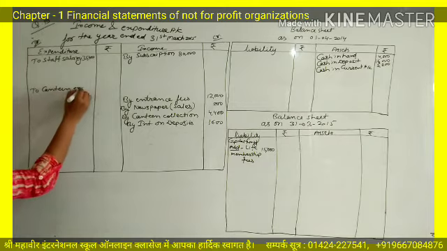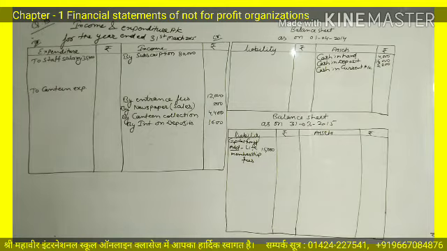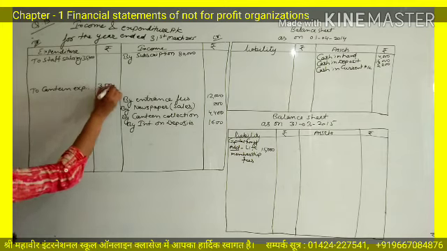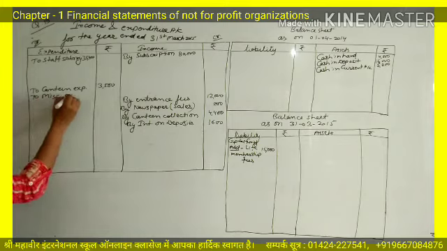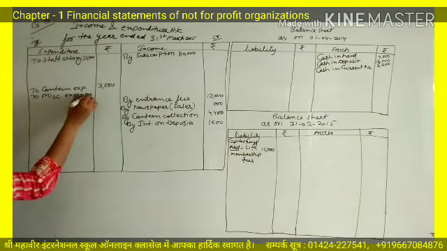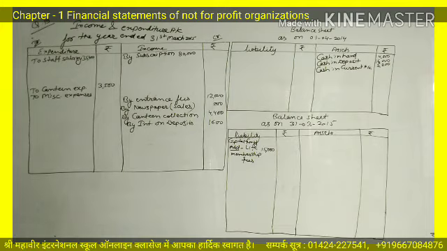To canteen expenses, these are 3,500. Miscellaneous expenditures, these all expenses are related to revenue income or revenue expenses. That's why we are writing these on expenditure side, 800 rupees.